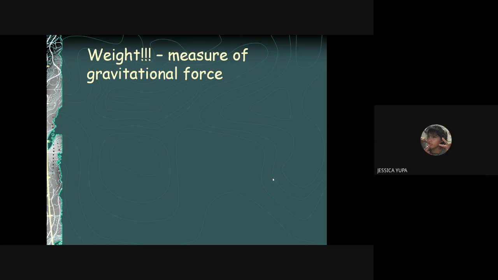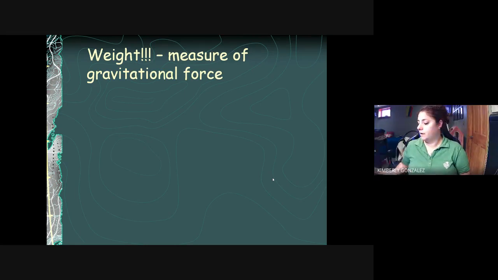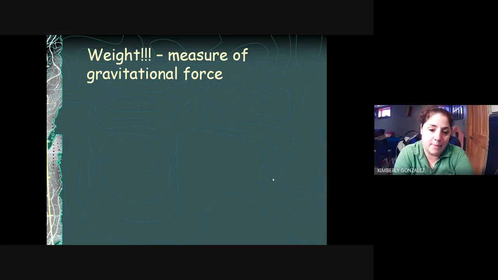I'm just telling you how it is. Capital W equals little m times little g. Okay, that's the actual formula.